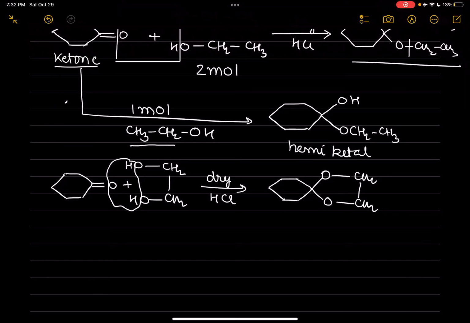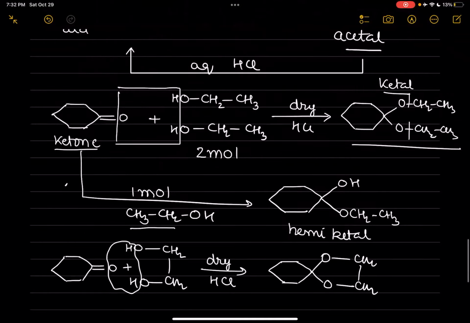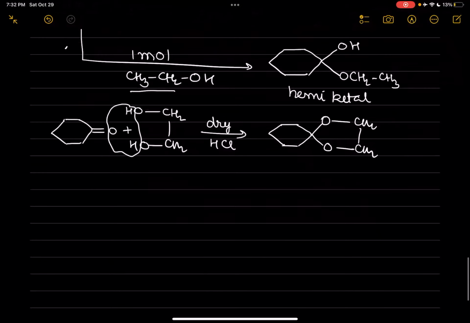So this is cyclic ketone. And these are actually acting as a protecting group for aldehyde and ketone.